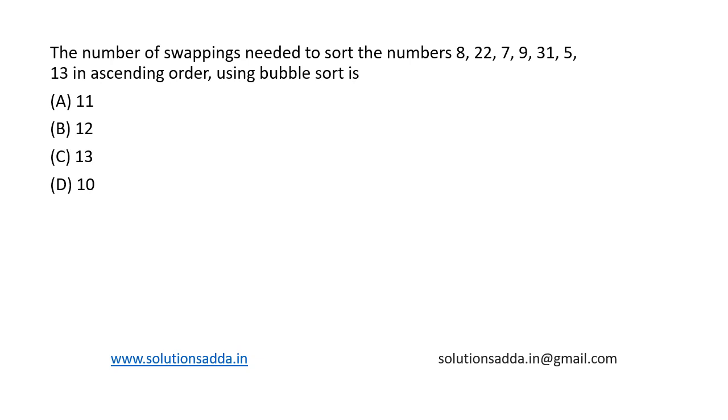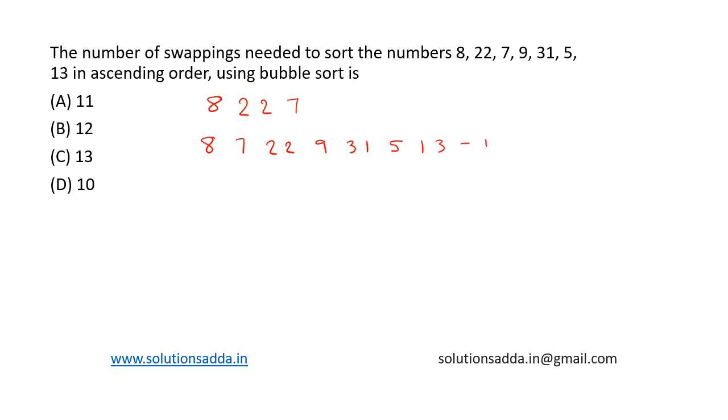So first we have 8 and 22. So 8 is less than 22, no swapping happens. Then we have 7. Since 22 is greater than 7, 7 and 22 get swapped. So we have 8, 7, 22, 9, 31, 5 and 13.